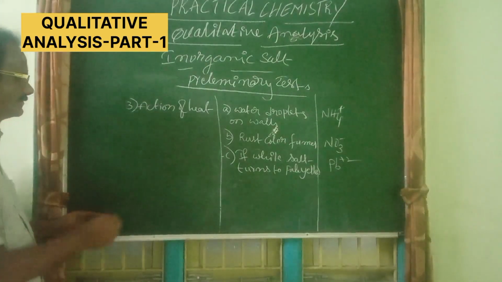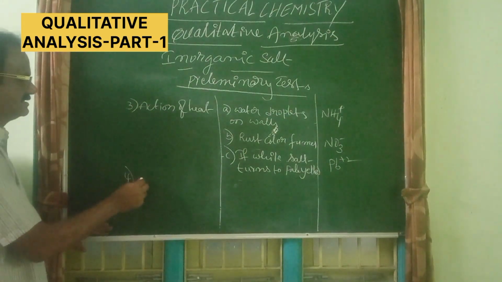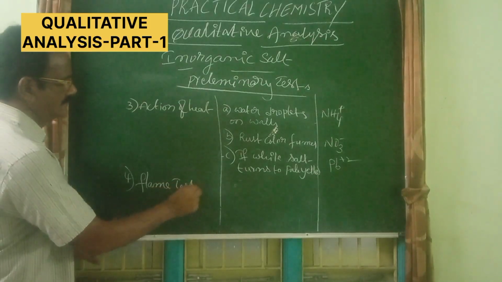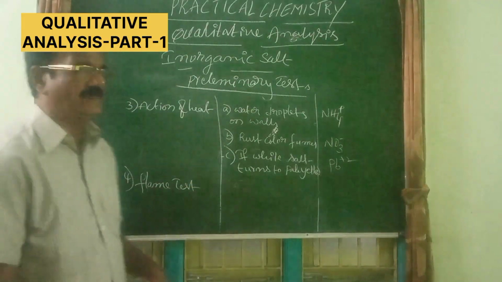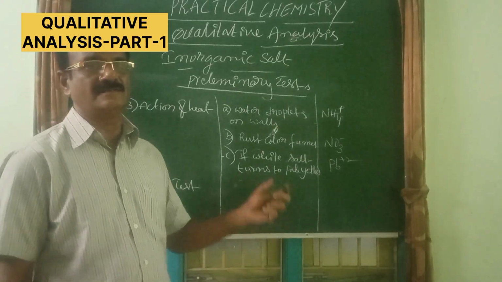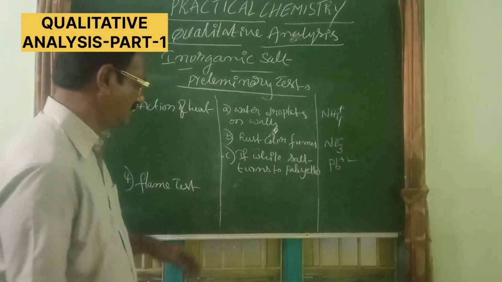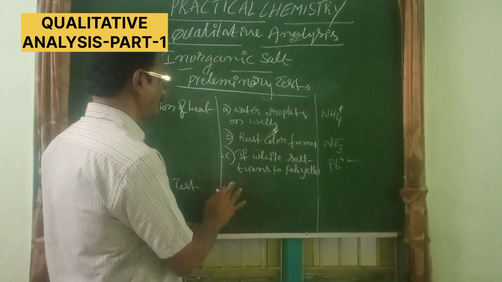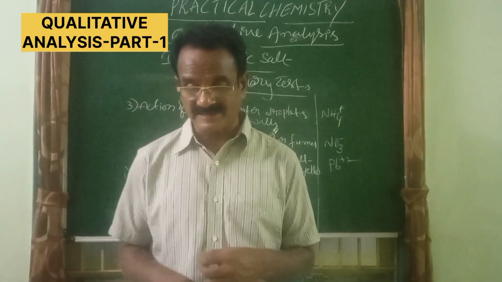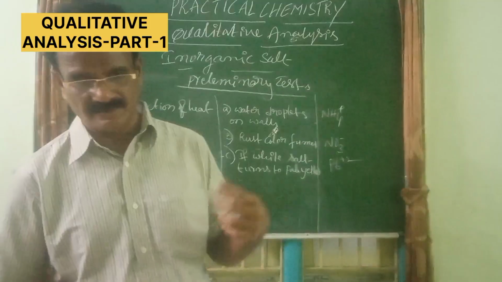See here, the fourth preliminary test is the flame test. In the flame test, there are the following observations. Let us see how this test has to be done by the analyst.